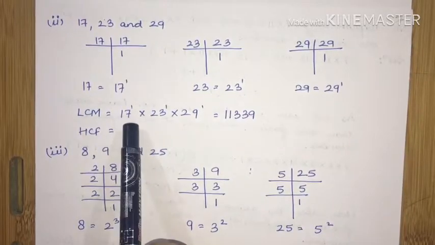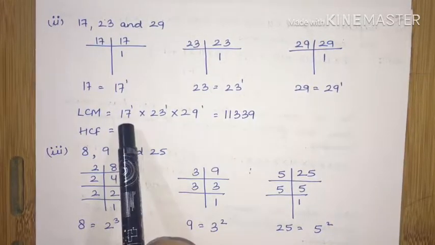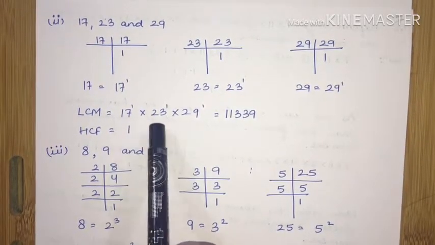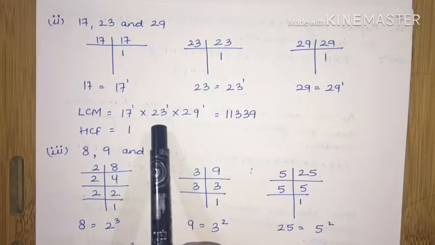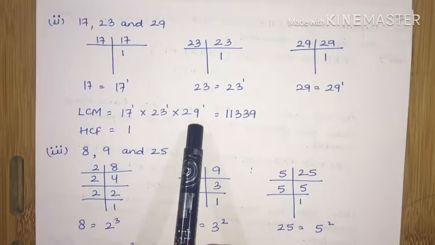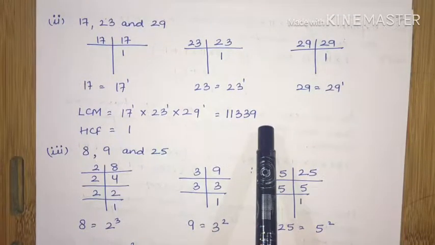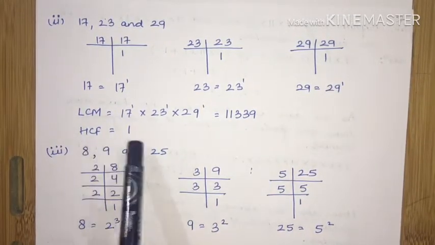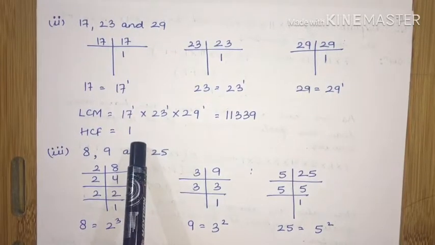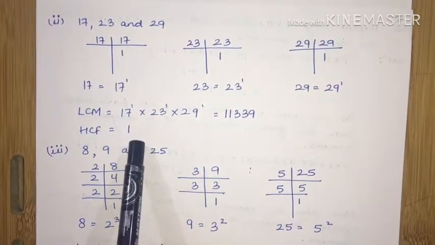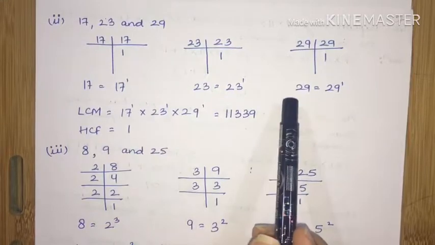So their LCM would be the product of these numbers only, which is 17 raised to the power 1 into 23 raised to the power 1 into 29 raised to the power 1, which is equal to 11,339. And HCF would be equal to 1, as nothing else is common in all the three numbers.